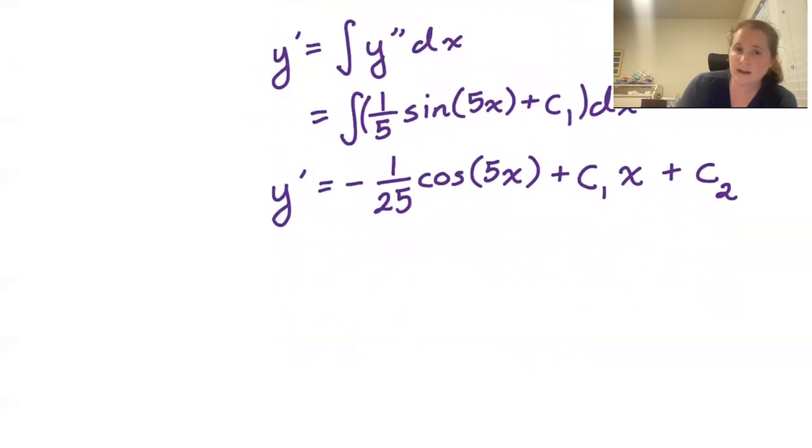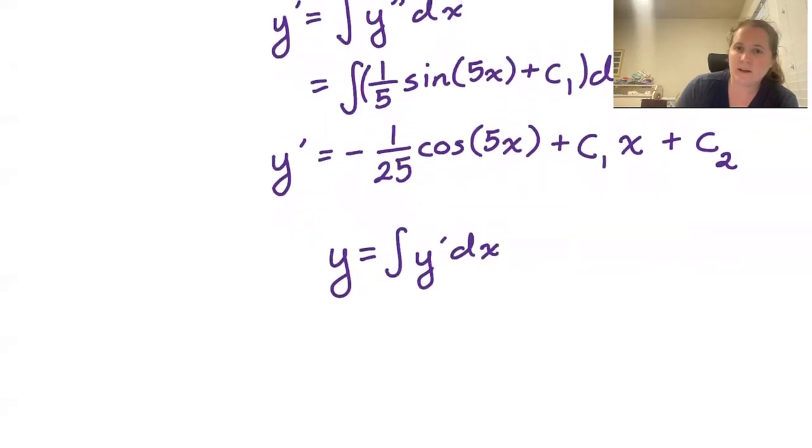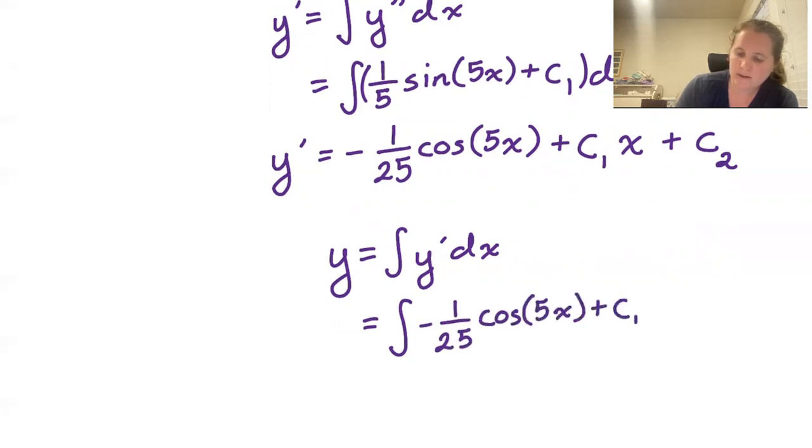From here, we can go ahead and find y. So y will be the integral of y prime dx, or y is equal to the integral of negative 1/25 times cosine of 5x plus c1x plus c2 dx.